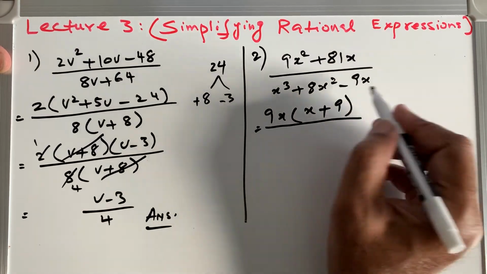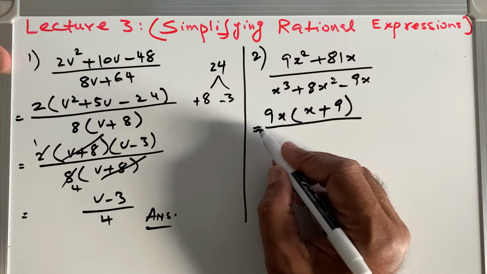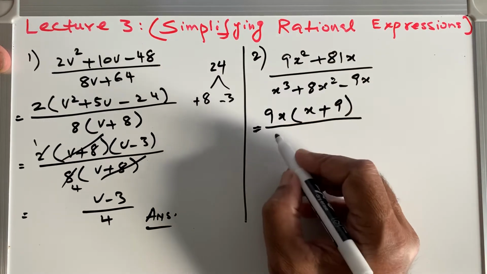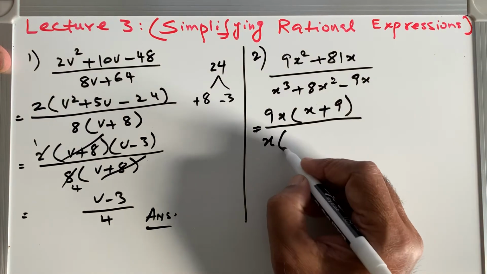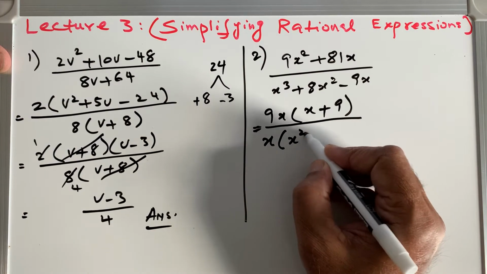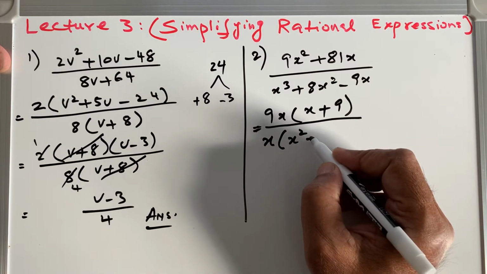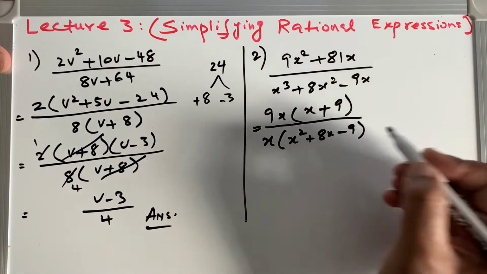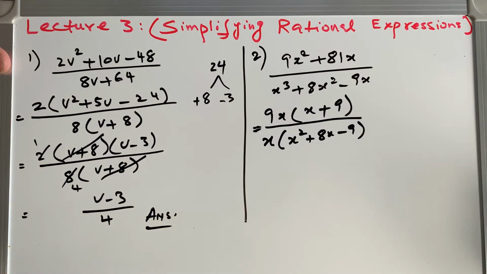In the denominator, I can see that it's not a quadratic equation, but it is a cubic equation, but I can take x out as common. So the leftover thing in the bracket is a quadratic, x squared plus 8x minus 9. And this is again 3 terms which we can break into 4 terms, and we can make the pairs, right?